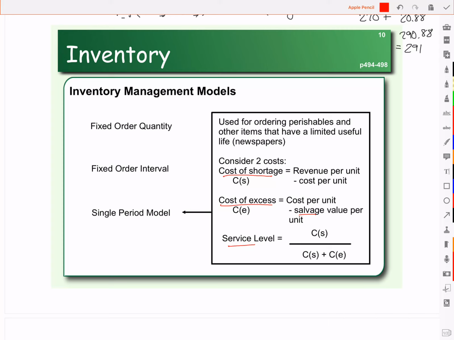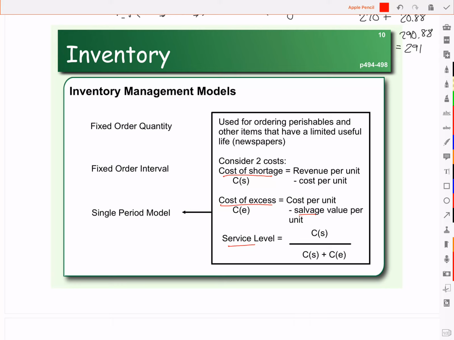Well, you paid the apple farmer or the wholesaler for the apples, so you paid a cost per unit. Well, the old apples can be mushed up and turned into applesauce that's sold at the deli. In that case, the cost of excess is going to be the cost per unit, what you paid for the apples, plus the cost of labor to smush it up into applesauce, minus the price you can sell the applesauce for.